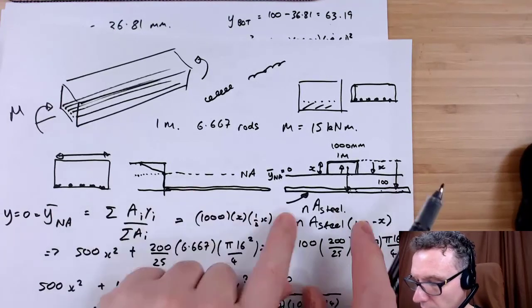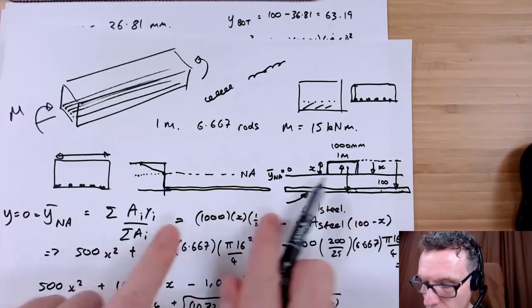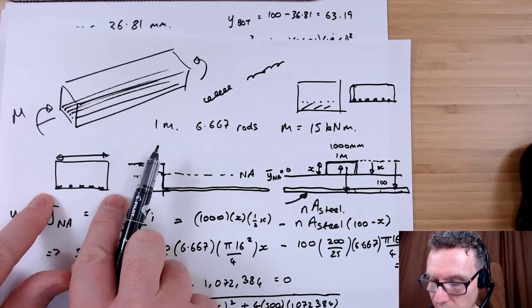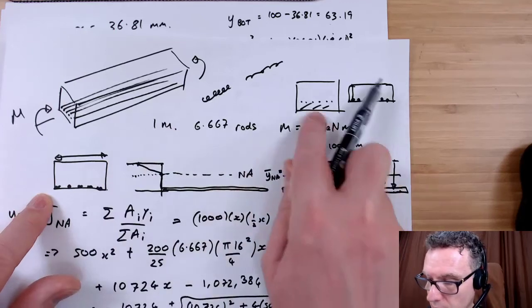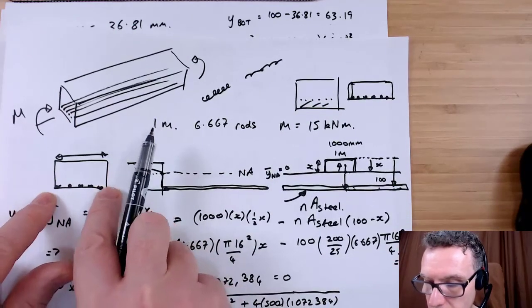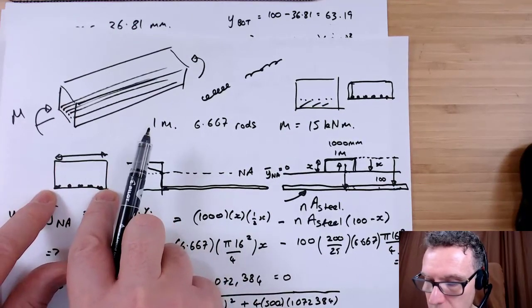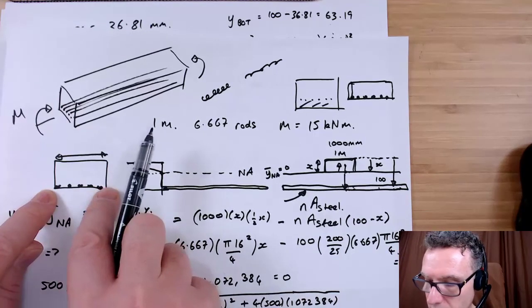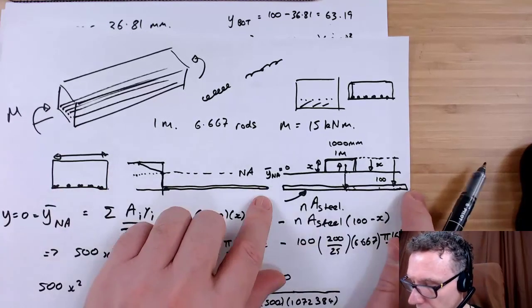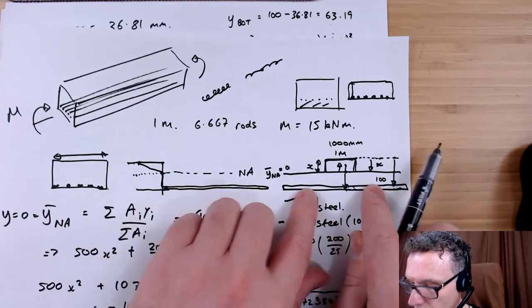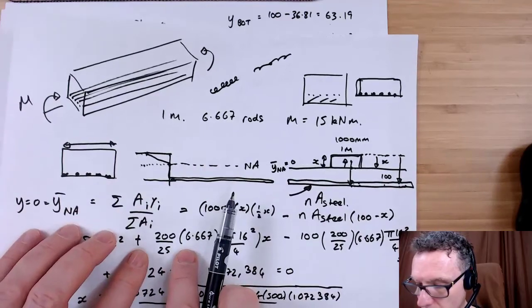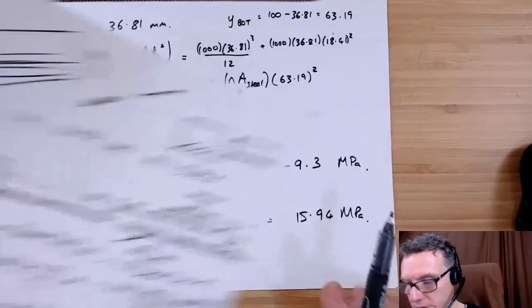But we want to now go from this imaginary problem back to this problem here. Even this isn't the real problem because we've got concrete at the bottom. So we are now going to look at what the stress is in terms of the steel. So to get that, we have to then reduce this by the ratio of 200 divided by 25 to get back to the steel.